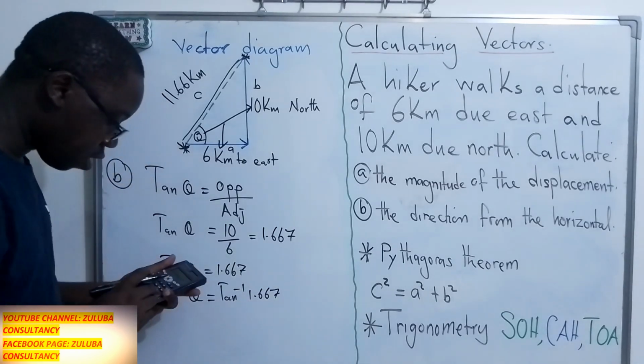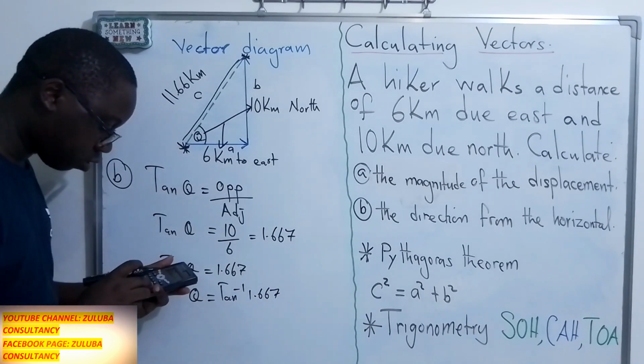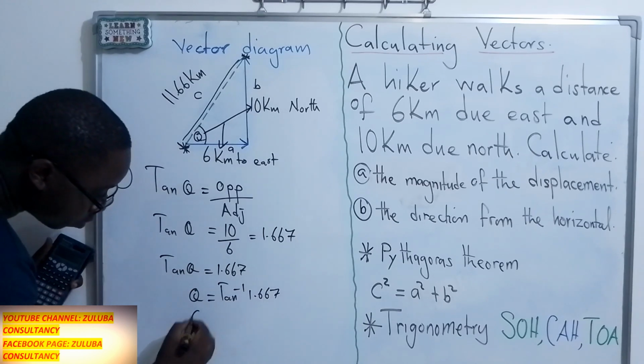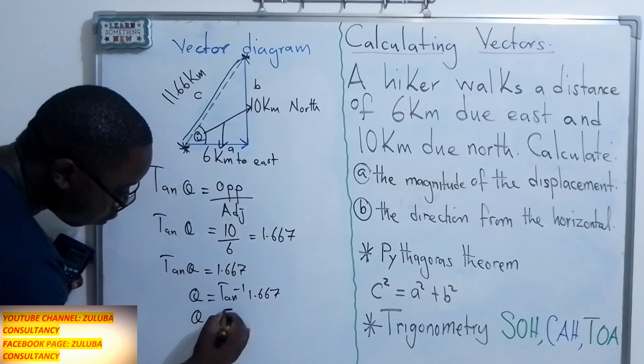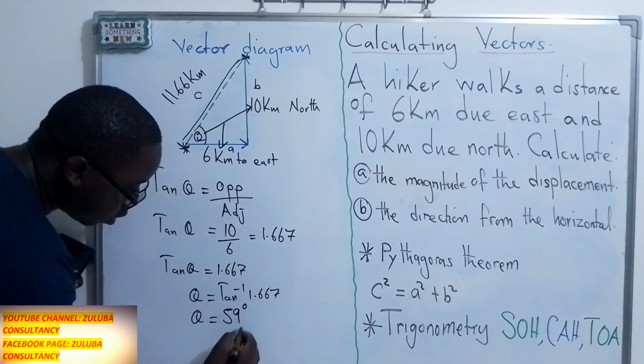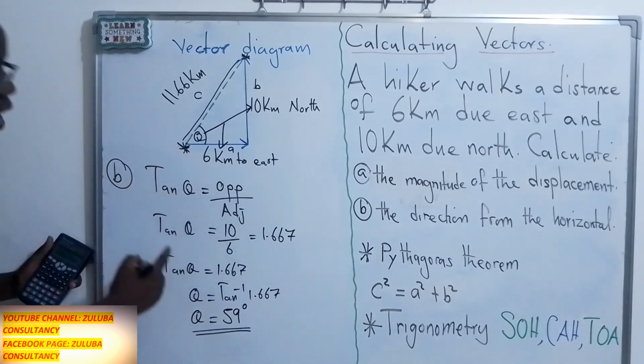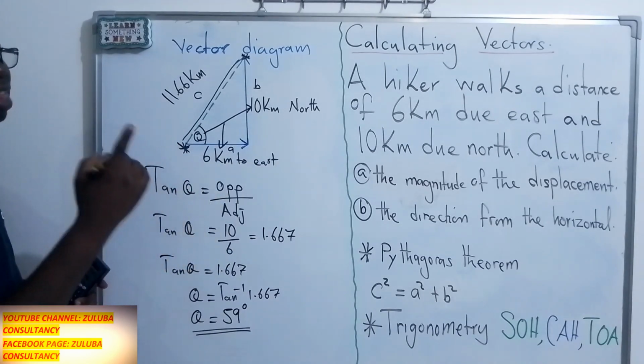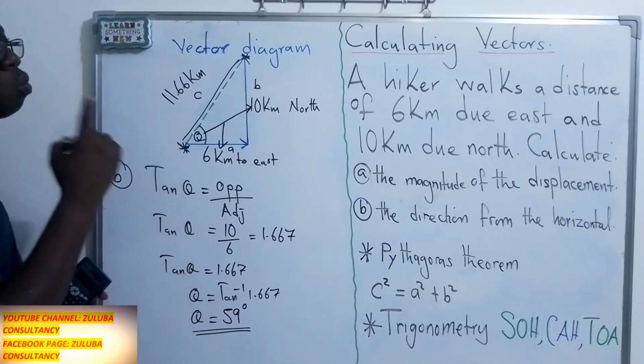So what is tan inverse of 1.667? It is giving us the answer of 59 degrees. So this becomes the angle of the direction that this hiker walked.